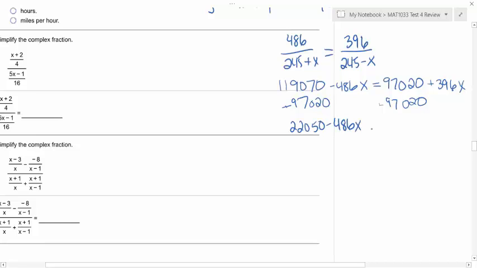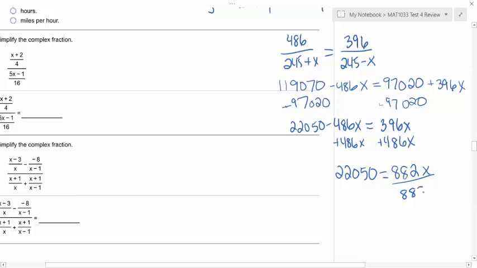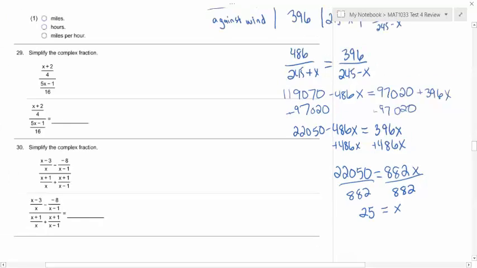Okay. Now what? So add the 486 to the 396. Which is? 882. Okay. I'm hoping this divides evenly. And then you divide them. You get 25. 25, and then once again, it was miles per hour.